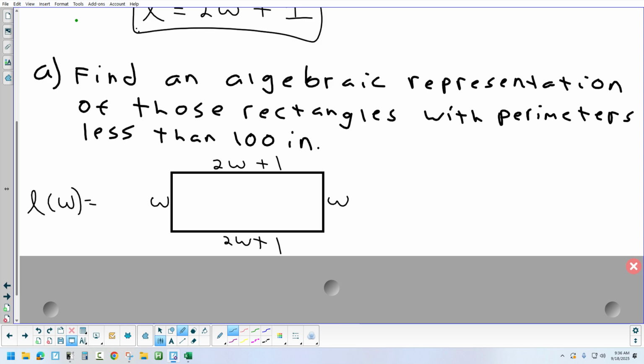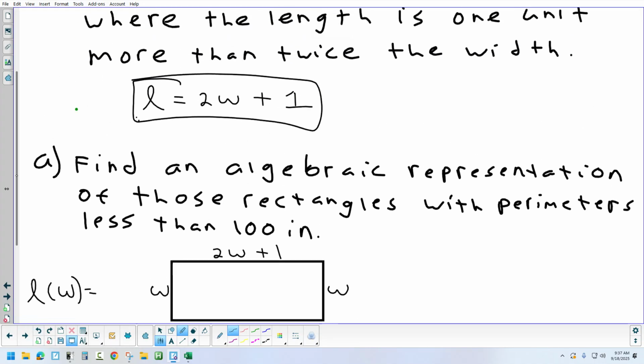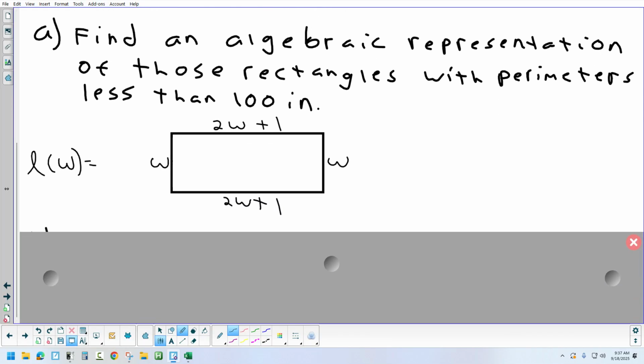Now, once we have our labels, we can write a formula for, let's see, do they want to know area? What do they want to know? Find an algebraic perimeter less than 100. Okay, so this is just about perimeter. This one has nothing to do with area. How would you find the perimeter of that rectangle now? Yep. You add up the sides.